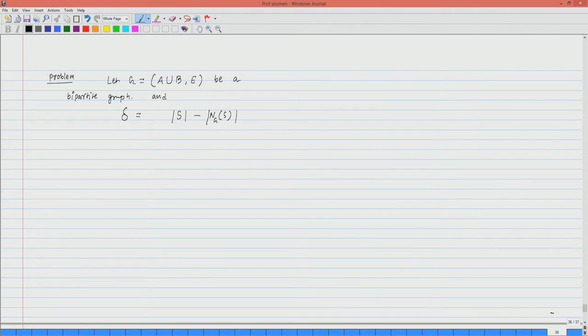What Hall's theorem wants is that this has to be greater than this one, but if it is less than it, suppose this is greater than this one, then what size of matching can you get? This is all about this problem basically. And you compute all these differences and take the maximum over all S in A.